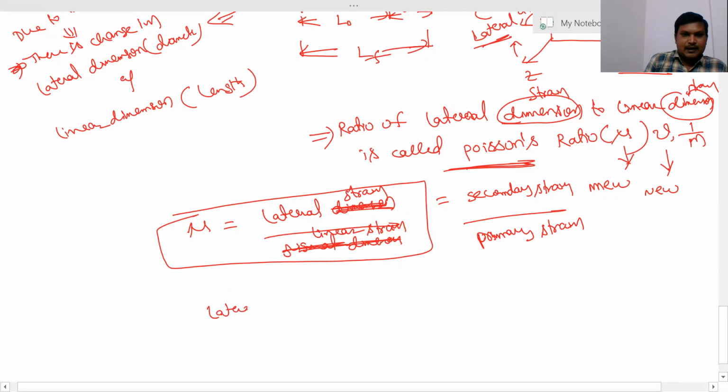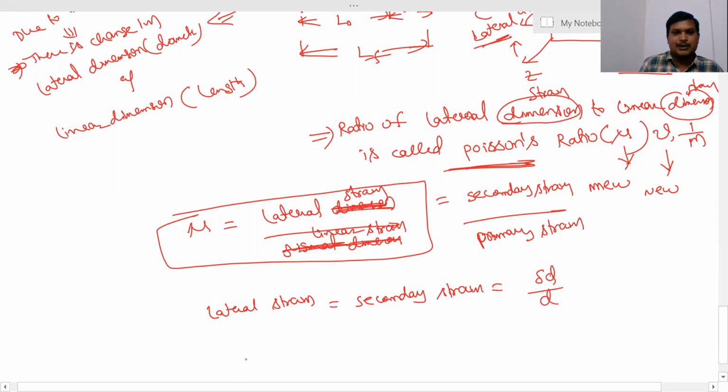Lateral strain, we call it a secondary strain. The dimension is a lateral strain or linear strain. Strain in the lateral direction, the secondary strain, is the change in diameter divided by the original diameter.